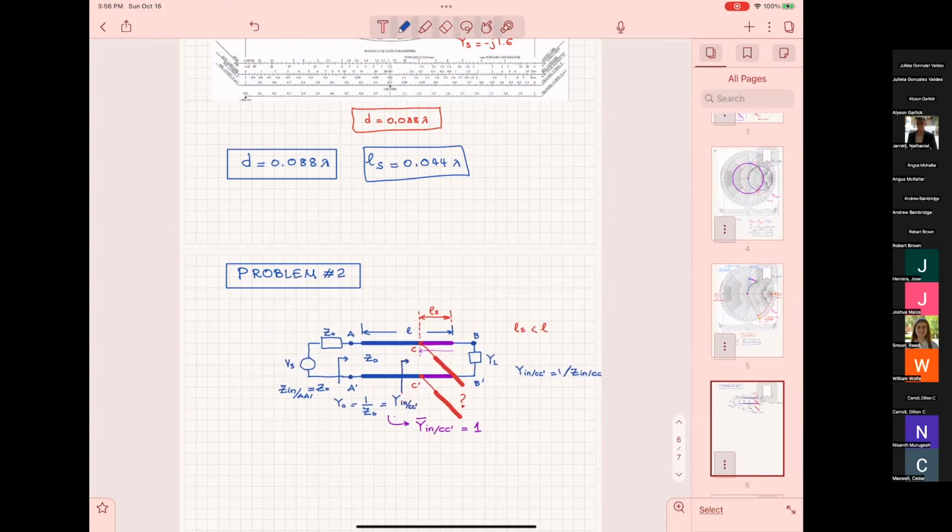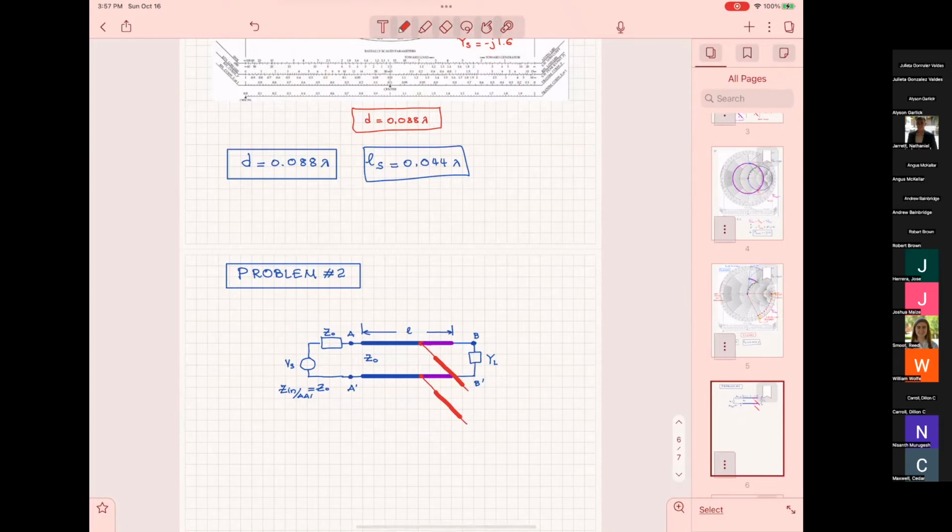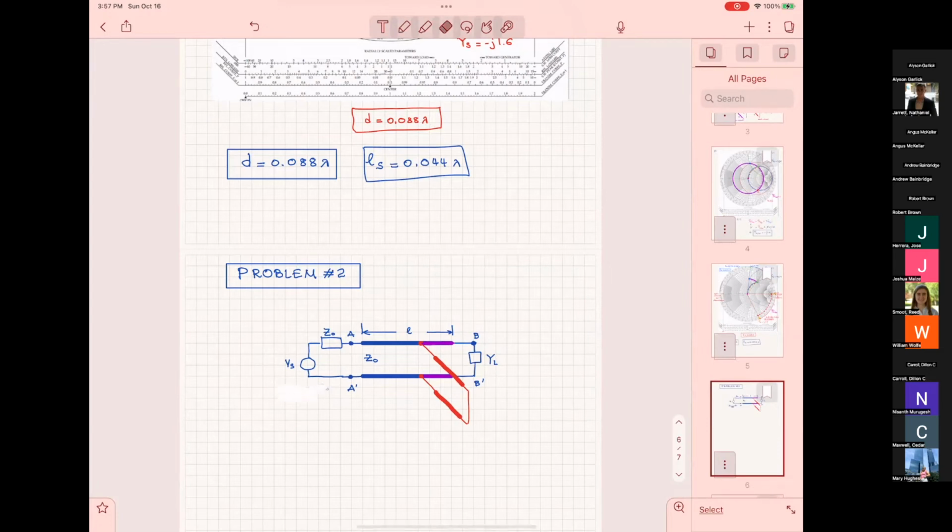Let me clean it up a little bit, because now we have designed it. If I give you another one, of course, everything is going to be given to you. So obviously the short here we found. Let me erase that part.